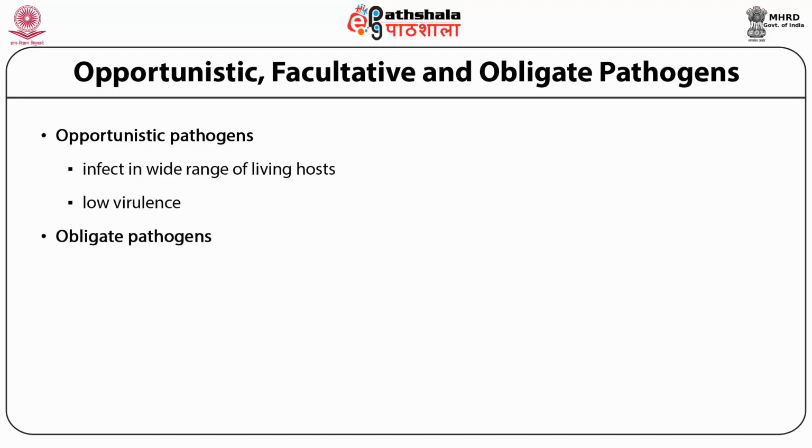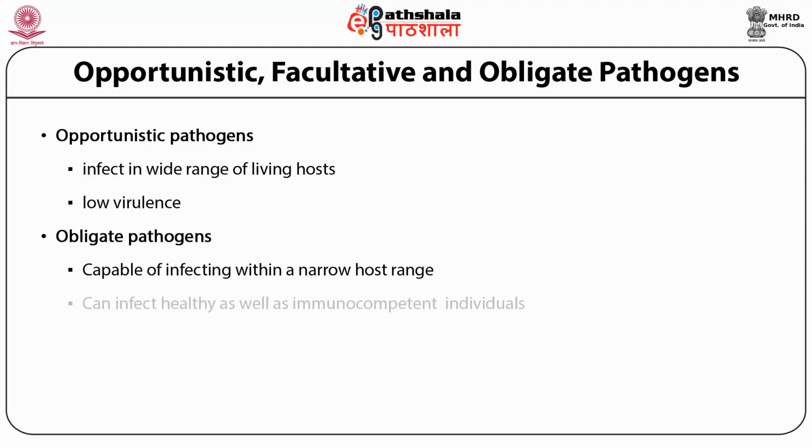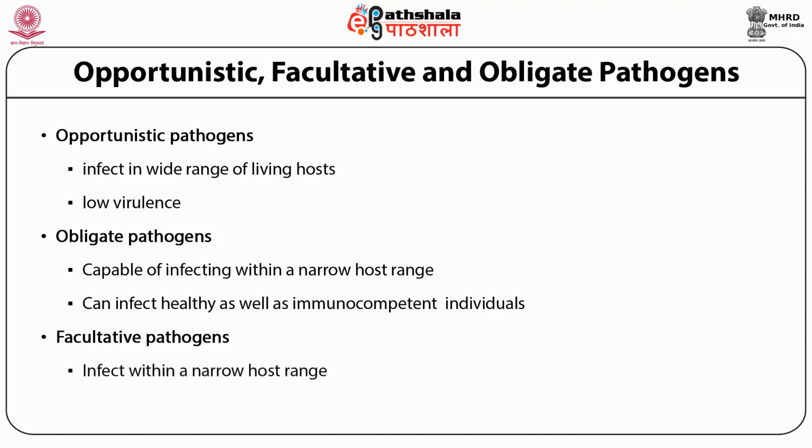Obligate pathogens are capable of infecting within a narrow host range, and can infect healthy as well as immunocompetent individuals. Another class of pathogens are facultative pathogens. They can infect within a narrow host range, however they are capable of surviving outside the host environment too.